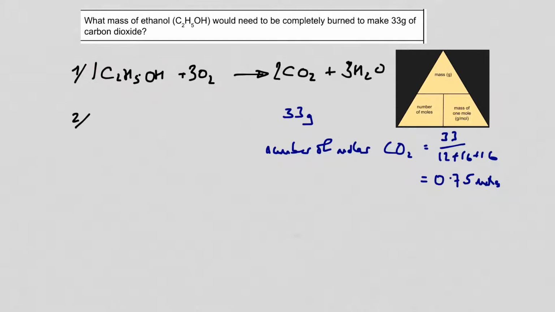So the next step, step number 3, is to look at reacting ratios. When we look at the balanced equation, we find it's a 1:2 ratio for the substances that we're interested in. Given that it's a 1:2 ratio, we remember that in our question we produced 0.75 moles of carbon dioxide.